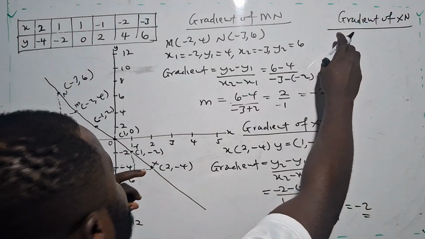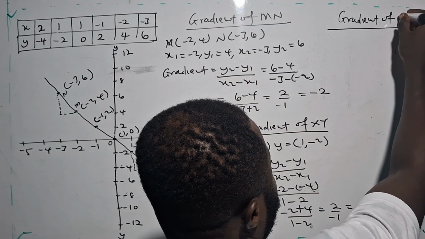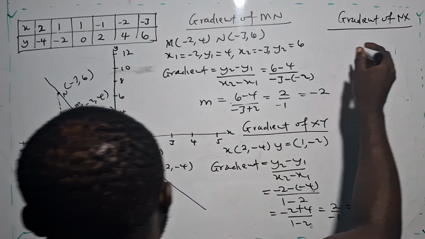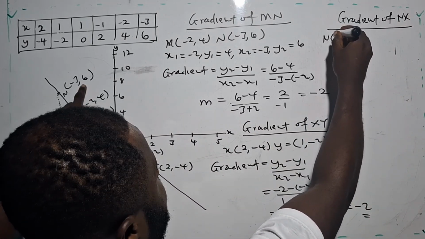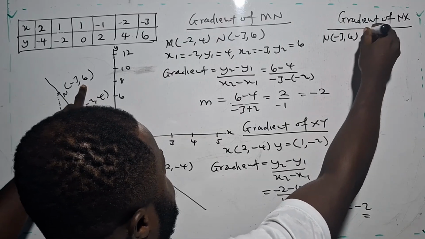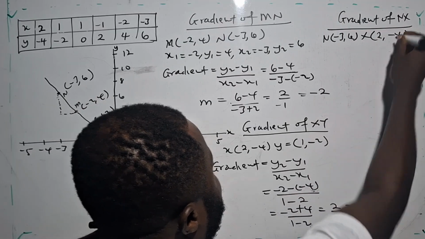So let me even interchange it. nx. So n is 2, negative 4, then x is negative 3, 6.